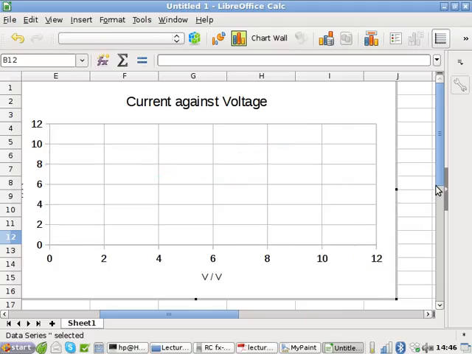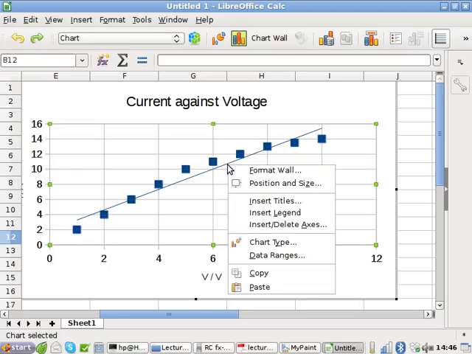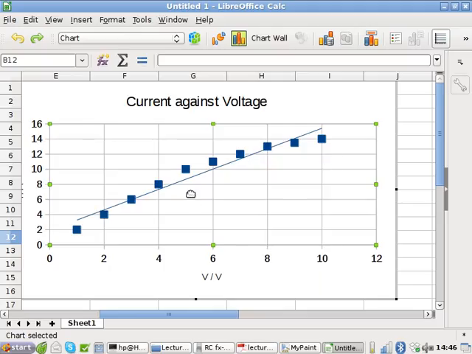Right click on the line, not on the point. Format. It doesn't matter, screw it. Right, so you get a curved shape instead. So you don't always get a straight line.